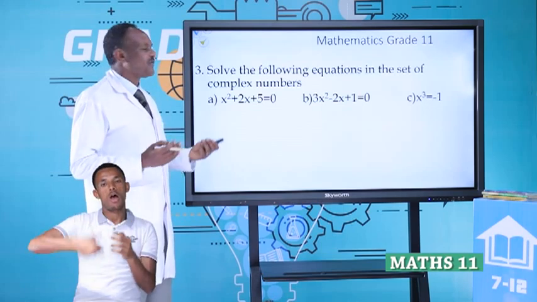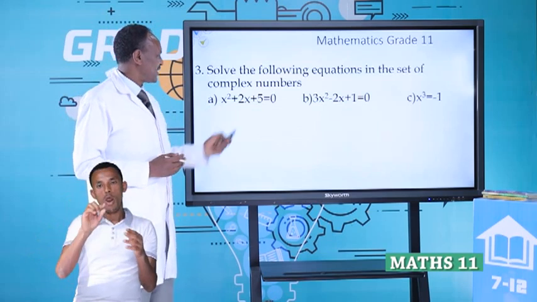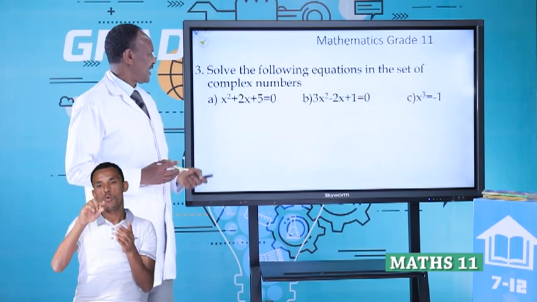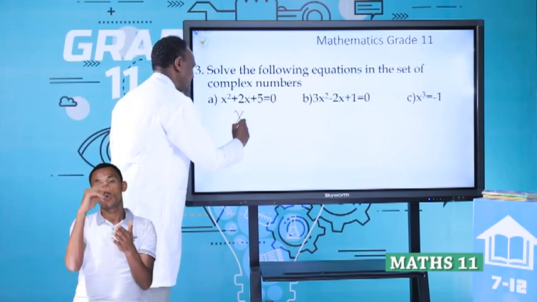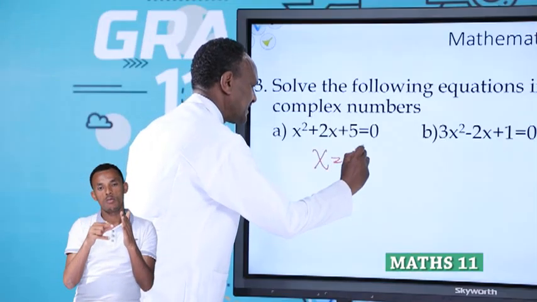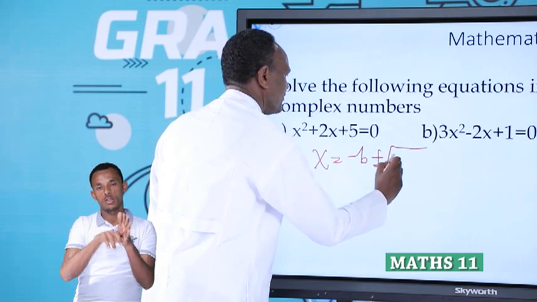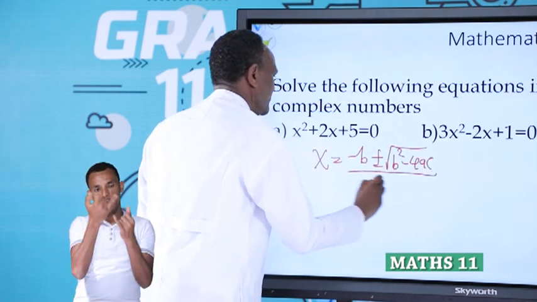The other question: how do you find the solution set of complex quadratic equations? x squared plus 2x plus 5 is equal to 0. It is quadratic. How do you find the solution? You remember the quadratic formula: x is equal to minus b plus or minus the square root of b squared minus 4ac, divided by 2 times a.